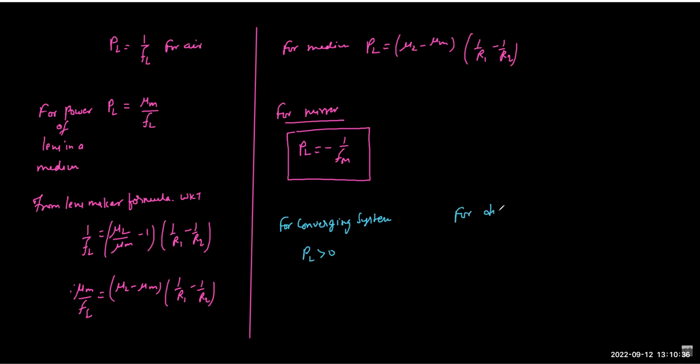For a diverging system, it must be negative. So if you forgot the formula, or have a dilemma in the sign convention, make sure that if it is converging the answer is positive, and if it is diverging the answer must be negative. If you remember this part also, probably you can eliminate the basic errors in the calculation.